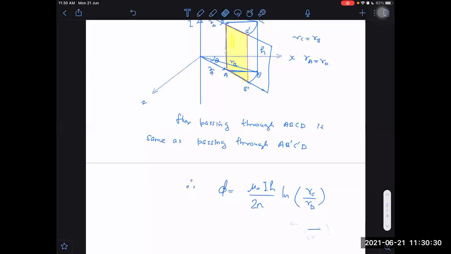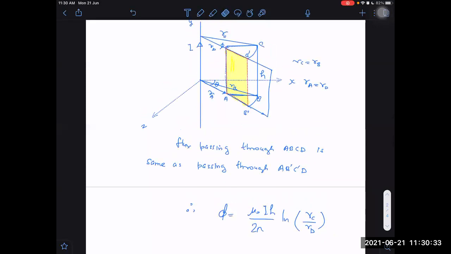Assume that RC and RD were given, then we are writing in terms of RC. What are RC and RD, by the way? RC is the perpendicular distance of point C from the axis, and RD is the perpendicular distance of point D from the axis.